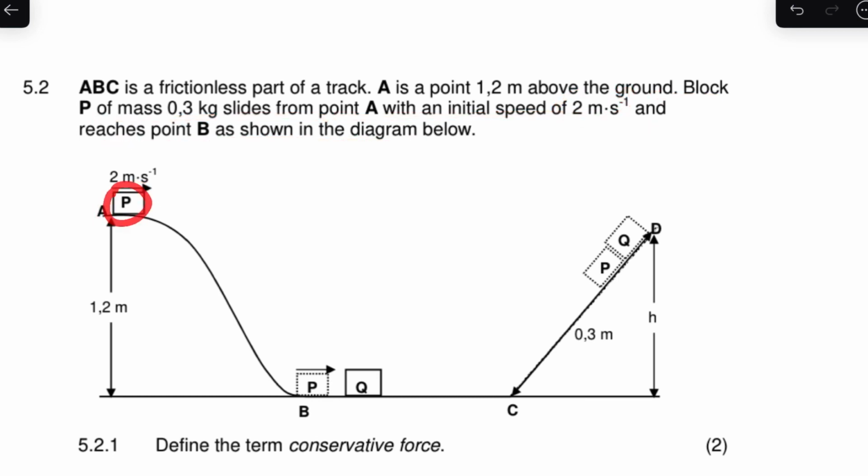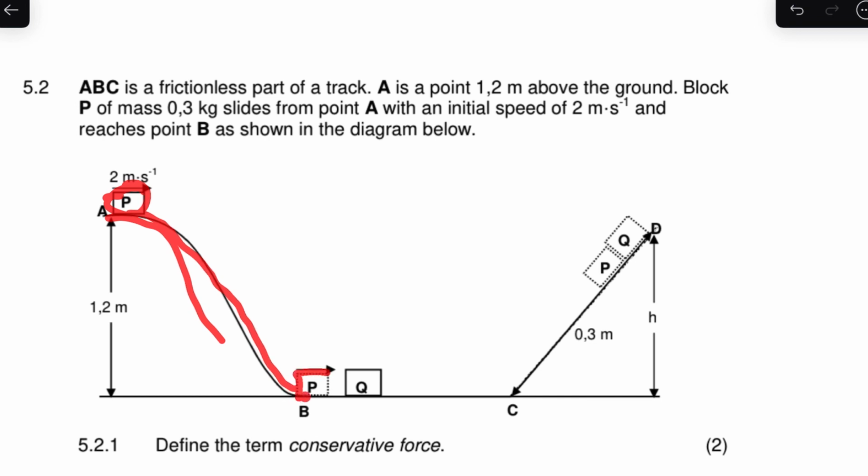So point B here, guys, it has a velocity and a height. So that means the mechanical energy here consists of the kinetic energy and the gravitational potential energy, right? So as block P slides down, its velocity increases.